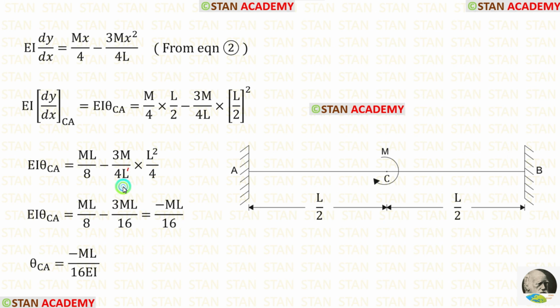Let us eliminate L and square. 4 into 4 we will get 16. Then let us add these two terms. When we do that, we are getting this. Then let us take this EI on the right side. It will come in the denominator. Finally, we have made the formula for the slope in the center, theta CA, which is equal to minus ml upon 16 EI.